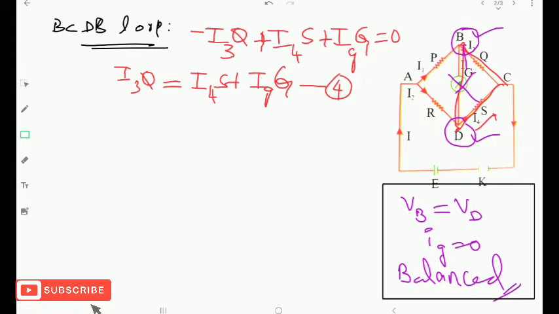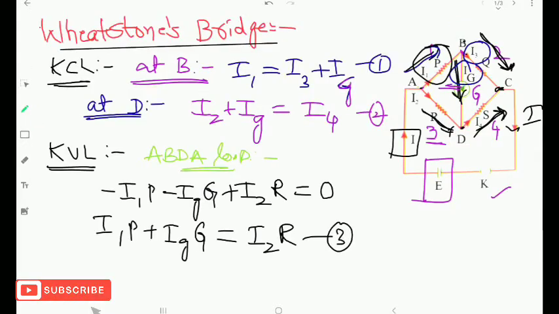When the potential at point B is the same as at point D, it is said to be balanced. Now applying this balanced condition in equations 1, 2, 3 and 4. According to the first equation, IG equal to 0, so I1 equal to I3.